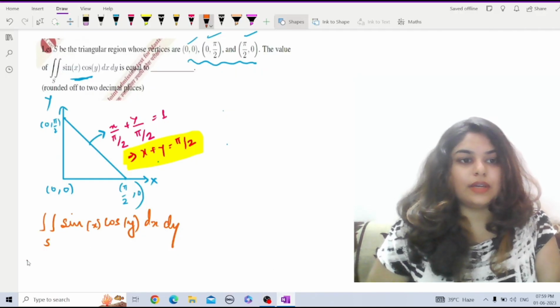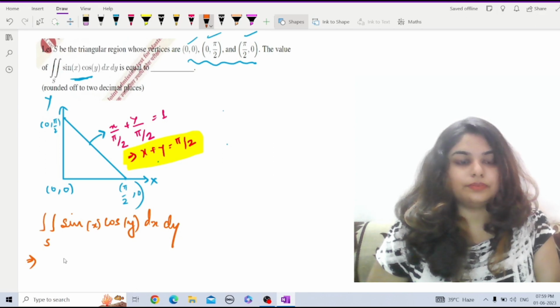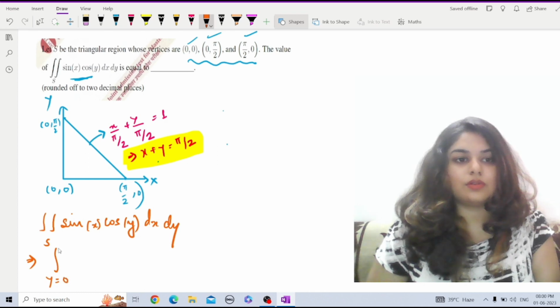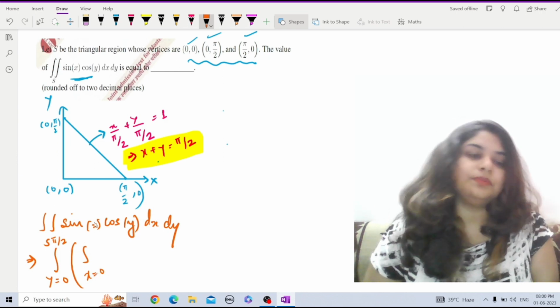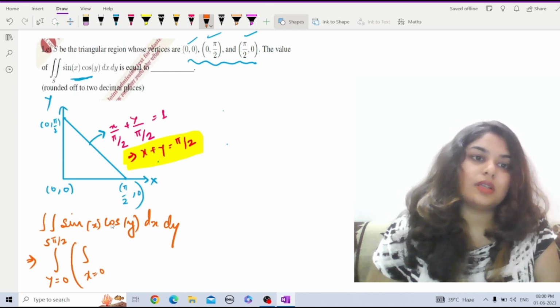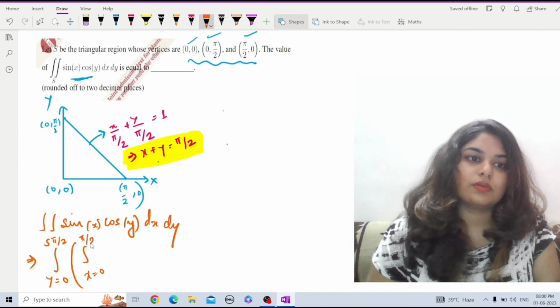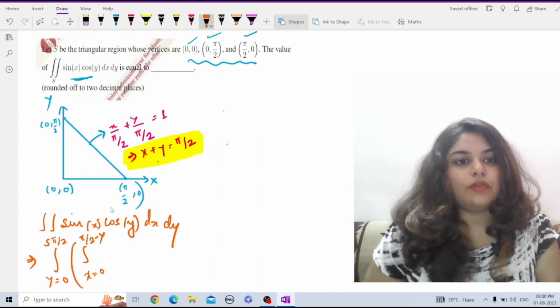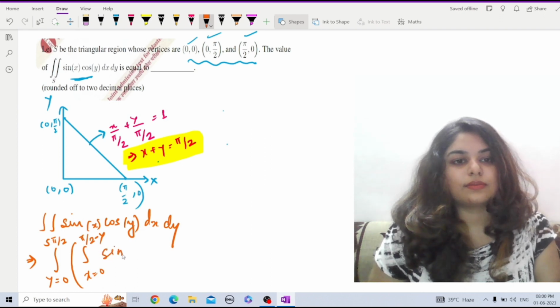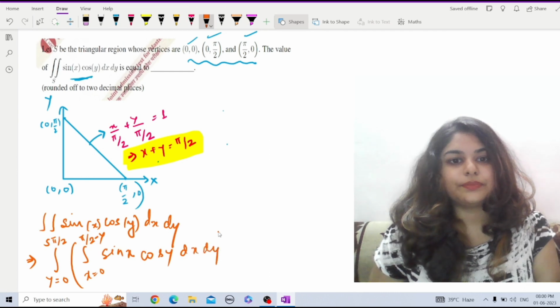So here we can write it as the integral with y from 0 to pi/2, and x from 0 to, from this equation it is clear that it is pi/2 minus y, of sin x cos y dx dy.